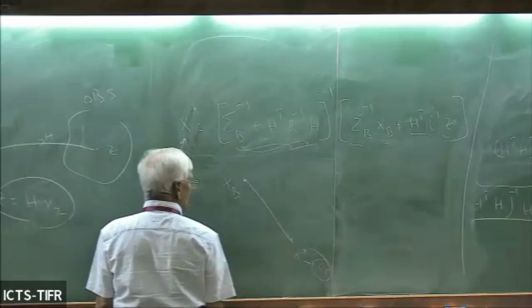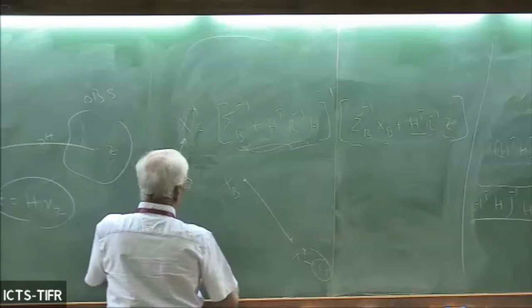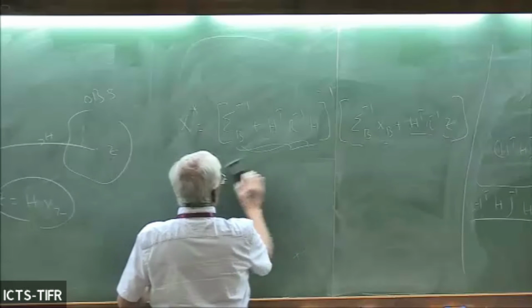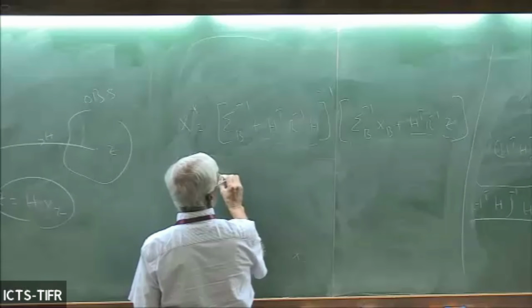And I'm going to draw a line. So what is the best way to understand this? The best way to understand this is as follows.